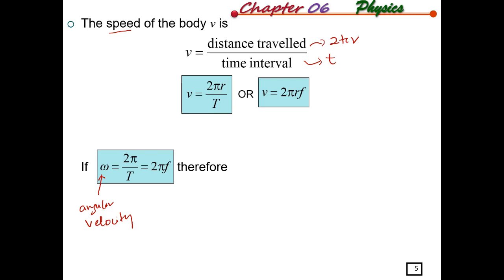Omega can also be written as 2 pi f. Relating it with velocity v, omega equals v over r, or v equals r omega. This is the third formula for the magnitude of the velocity, the speed, for a body that moves in circular motion.